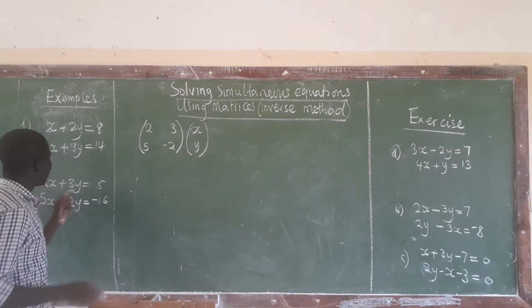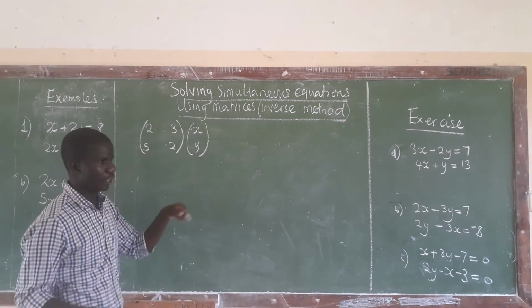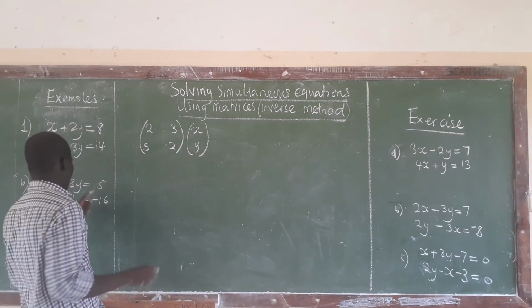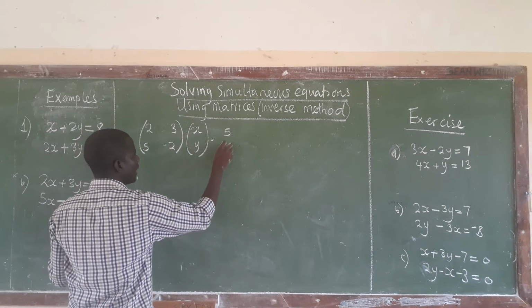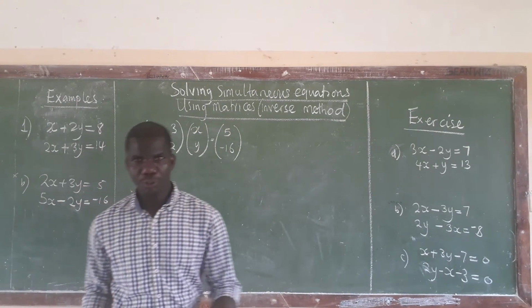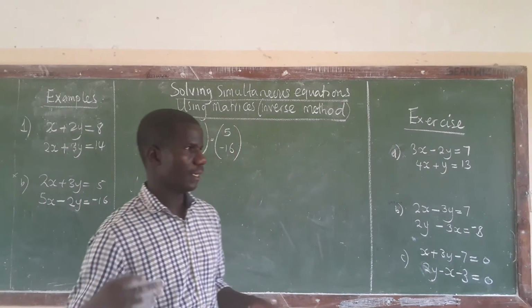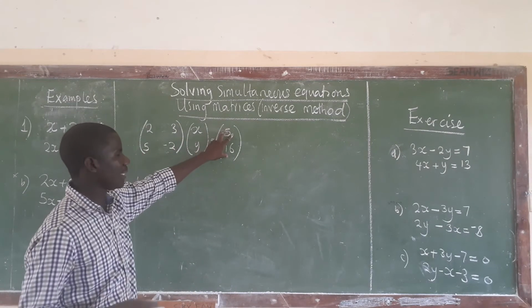If we had any other letters here, maybe m and n, those are the ones that we are going to use here. Alright? Then we come to 5, minus 6. What I said is that we need to find the inverse of the matrix here. To find the inverse of this matrix, then we multiply it by this one to get the values.